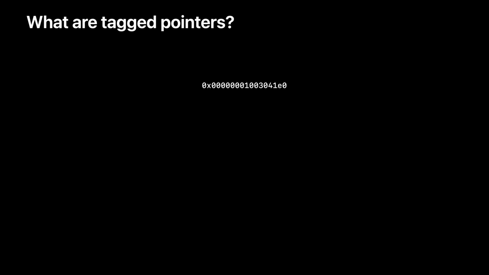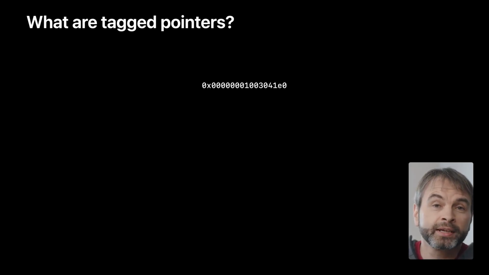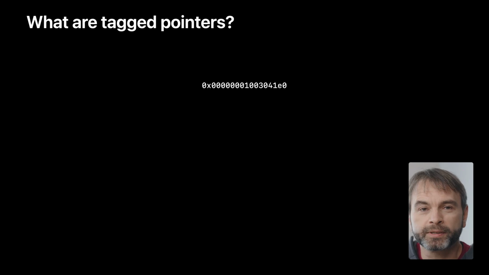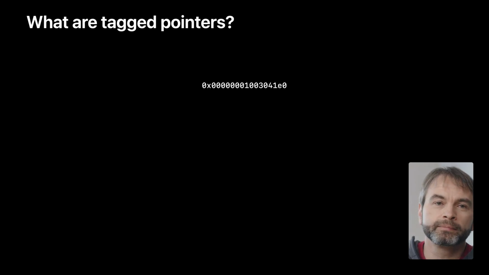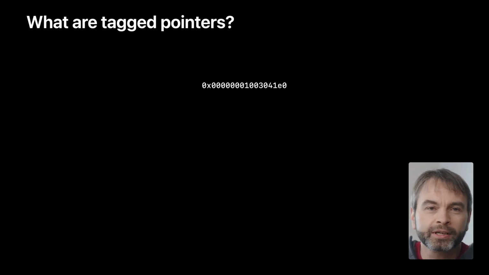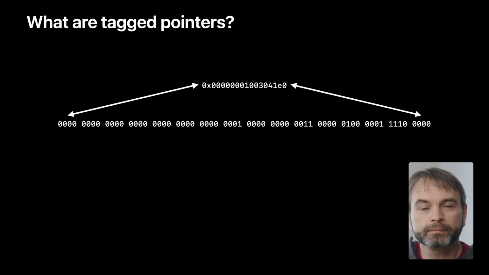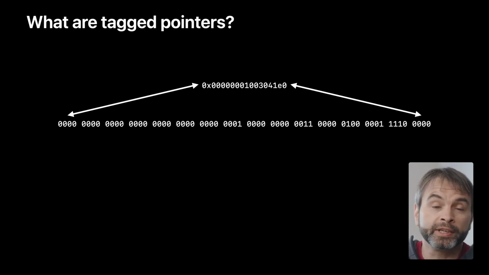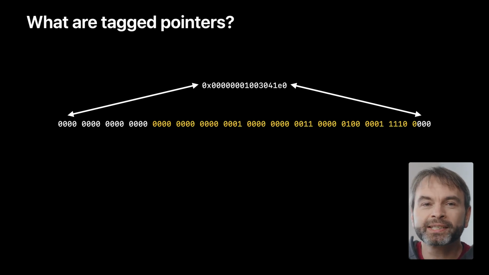Let's start by looking at the structure of a normal object pointer. Typically, when we see these, they're printed as these big hexadecimal numbers. We saw some of these earlier. Let's break it out into the binary representation. We have 64 bits, however, we don't really use all of these bits. Only these bits here in the middle are ever set in a real object pointer.